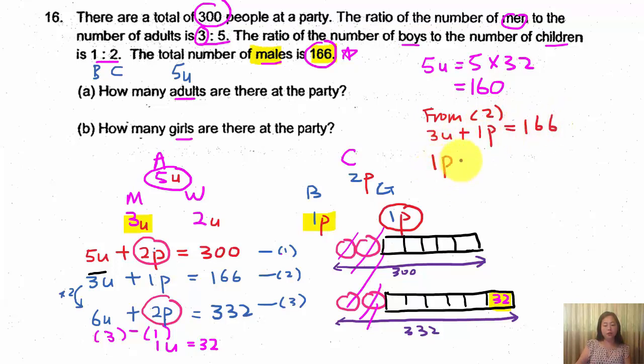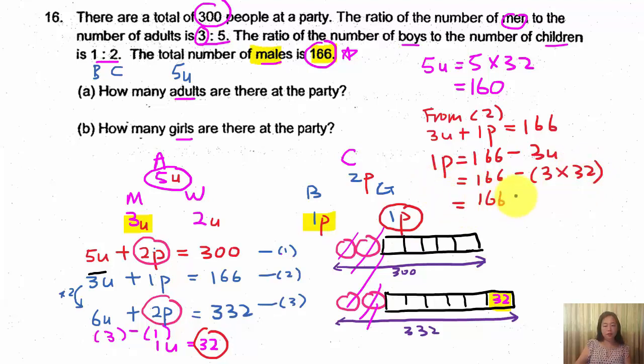So 1 part is equal to 166 minus 3 unit, which is equal to 166 minus 3 multiplied by 1 unit, and our 1 unit is here, which is equal to 166 minus 96, and our answer is actually 70. So there are 70 girls at the party.